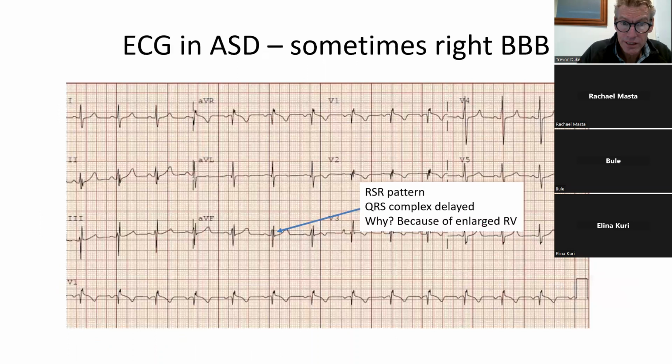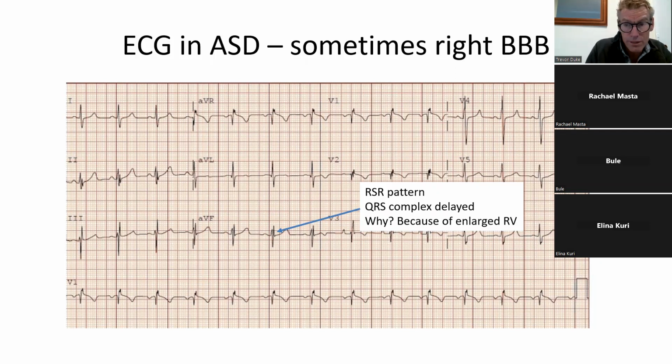An ASD will sometimes be associated with a right bundle branch block, depending on where it is. If it's very low down in the atrial septum, then sometimes you get a right bundle branch block. That's usually because of an enlarged right ventricle. If you've got a high enough blood flow through the ASD, then you have a volume load on the right ventricle.